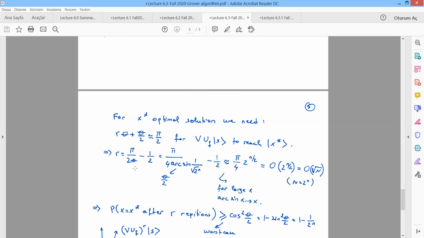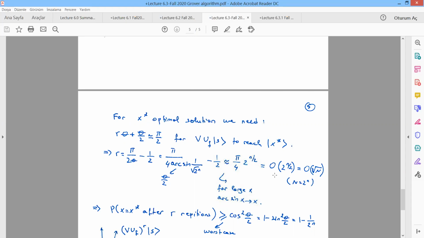And now theta, as we derived before, was 2 arc sine of 1 over square root of 2 to the n. This is theta. And for small x, the arc sine x approaches x. So using this, r approximately equals pi over 4 times 2 to the n over 2.